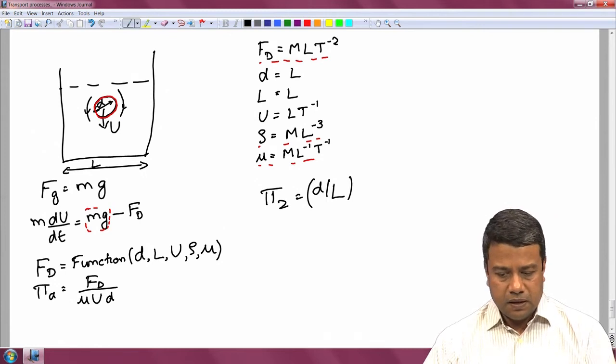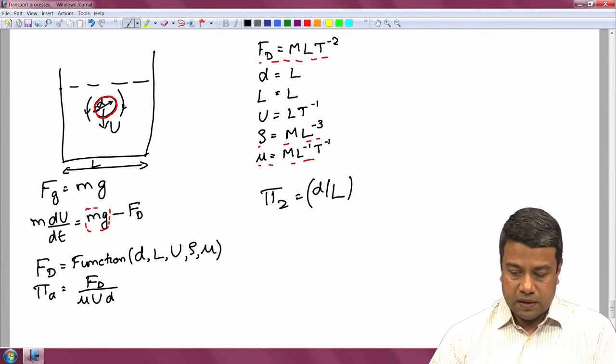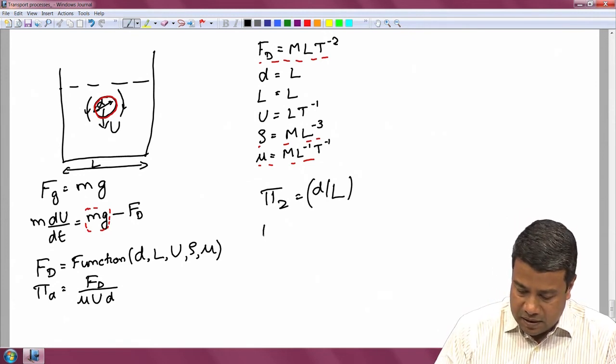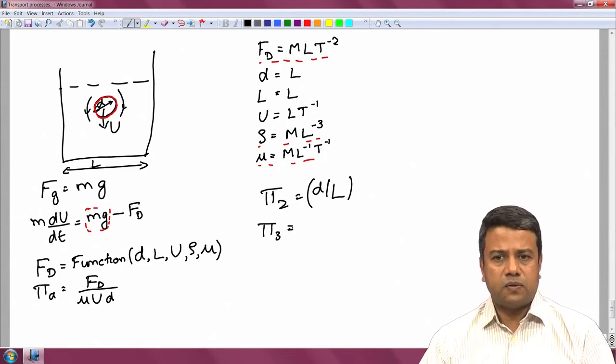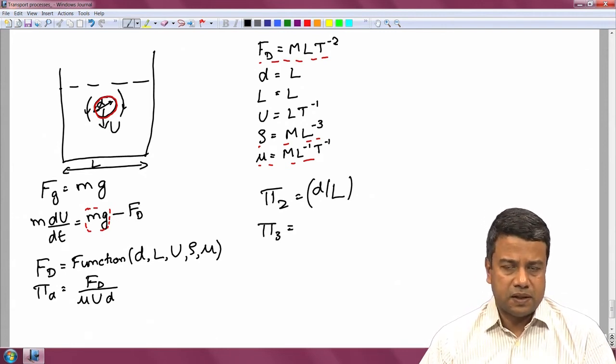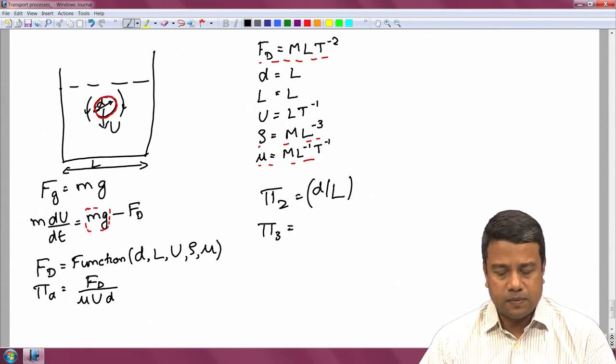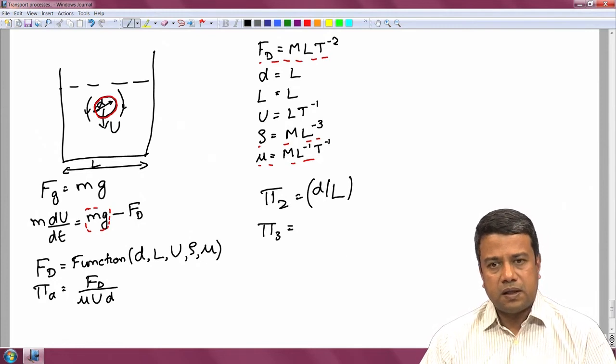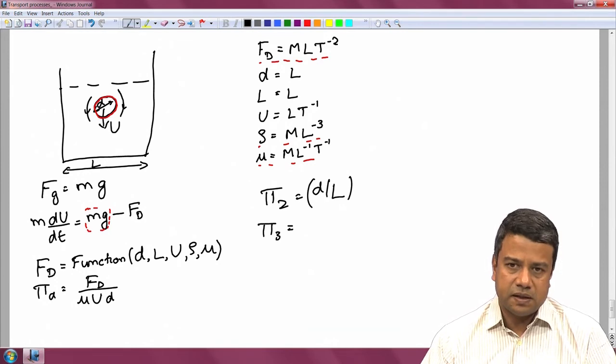And I have to have a third dimensionless group which does not involve the drag force, but involves all the other quantities. In this dimensionless group, I can of course set any one quantity to the first power, without loss of generality, because regardless of which quantity is set to the first power, I will still get a dimensionless group, and the dimensionless group to any power is still another dimensionless group.